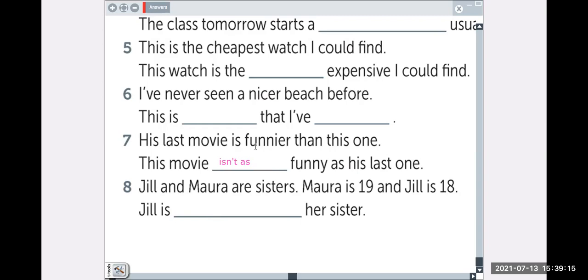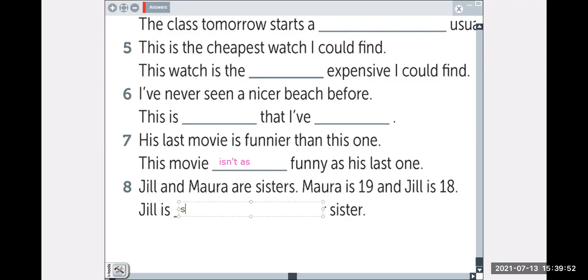And the last one. Jill and Maura are sisters. Maura is 19 and Jill is 18. Jill is, what can you say, guys, here? Jill is younger than her sister. Slightly younger than her sister. Very good. La oración que me dijo anterior alguien estaba correcta, pero no se olvide que la diferencia de edad es pequeña.